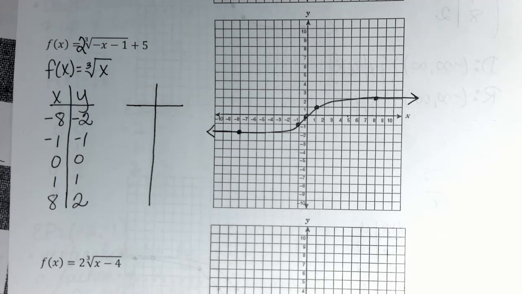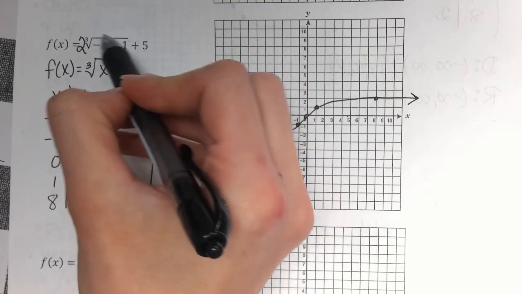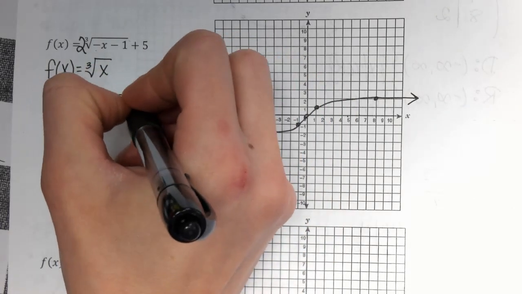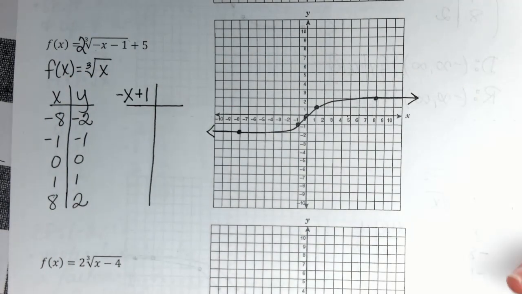Okay, for my table, I have a negative x minus 1 underneath the radical. So I'm going to have negative x plus 1 for my table. Because you still have to keep that reflection for your x.